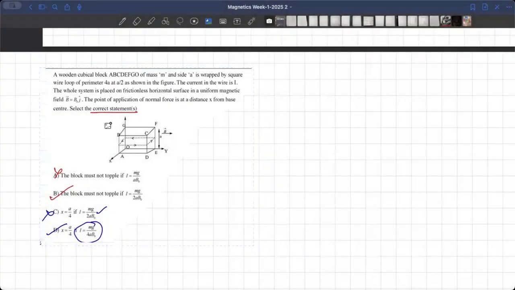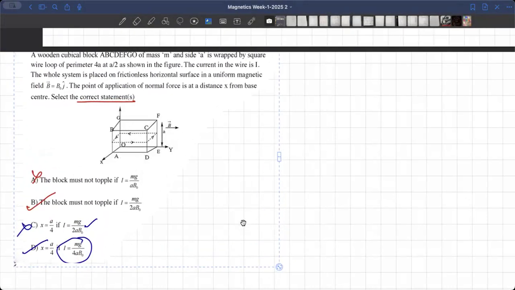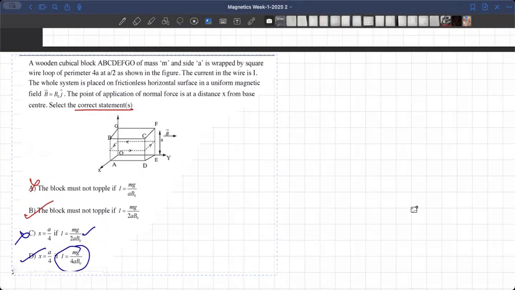Boys, this is your question. A wooden cubicle block is given for you.